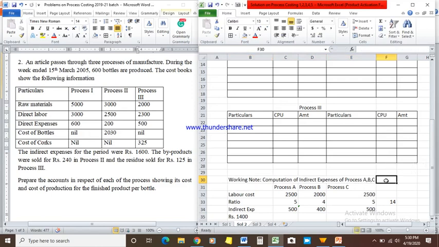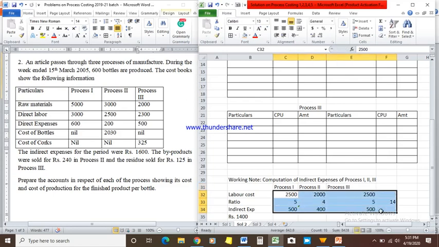One, two, and 3. So here I will now mention process 1, process 2, process 3.